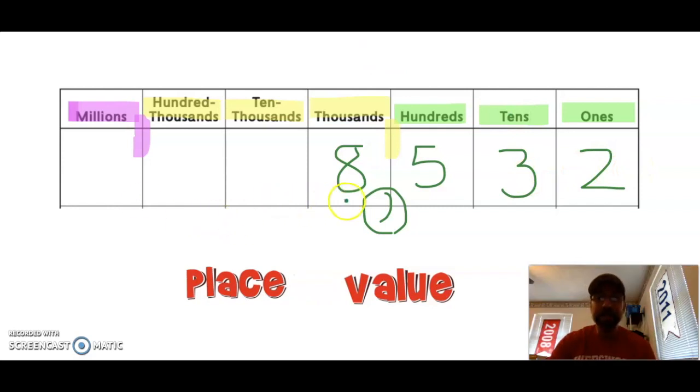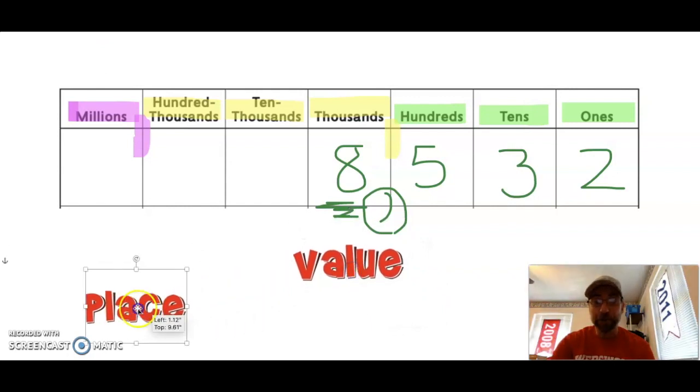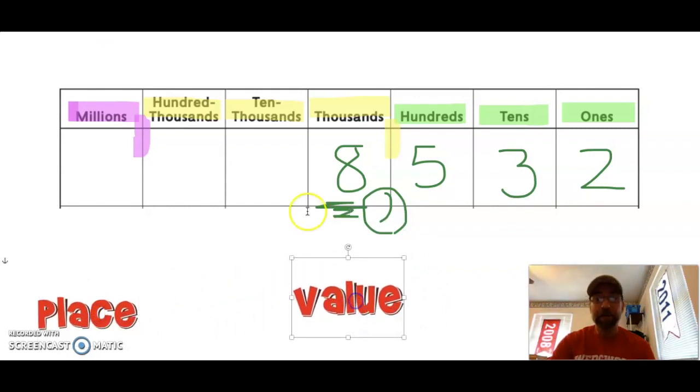Now, if I wanted to find the value of the 8, well, value is how much it is worth. So the value of the 8 would simply be worth 8,000. I write that as a number, 8,000. That's the value of the 8.